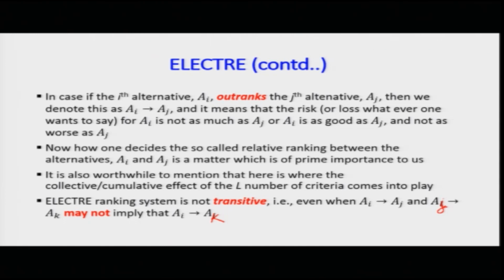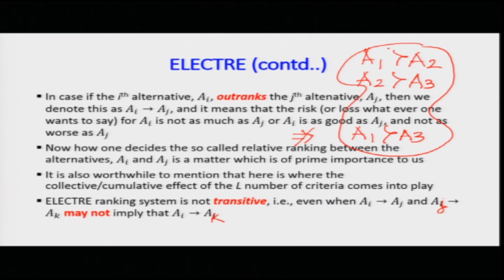What we actually mean is, if A1 is better, not greater, better than A2, where 1 and 2 are just arbitrary, and A2 is better than A3, it does not imply that A1 is better than A3. So, you have to consider that when considering the ELECTRE method. I will change that accordingly. Obviously, it means that 1 is better than 2, 2 is better than 3, but it does not always mean that 1 is better than 3.